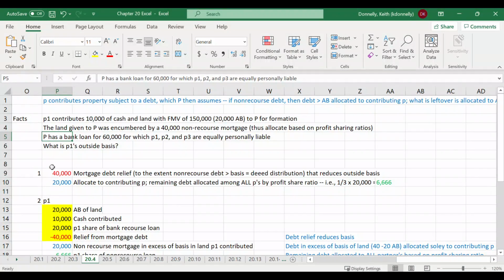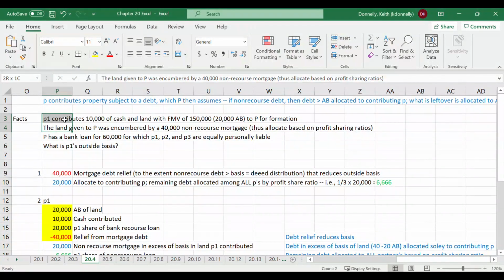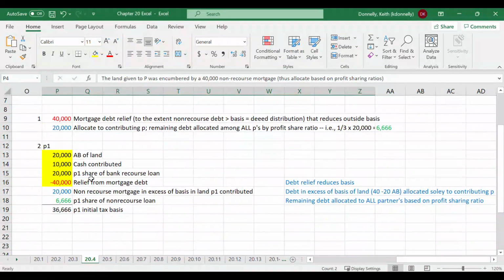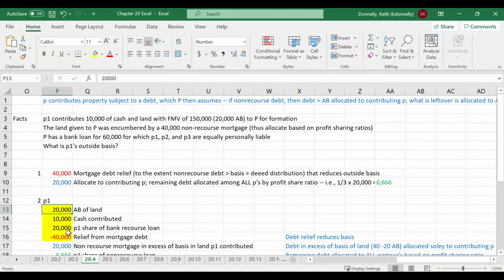Okay, so same facts here as before. The partnership itself has an independent freestanding debt of 60 grand where they're 1/3 liable. They want to know here, what is partner one's outside basis? So this is kind of the new twist on it. Let's see what's going on here. First off, all of the yellow things we're going to look at here.